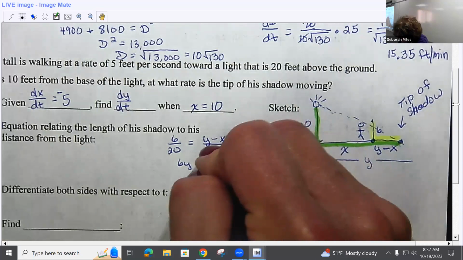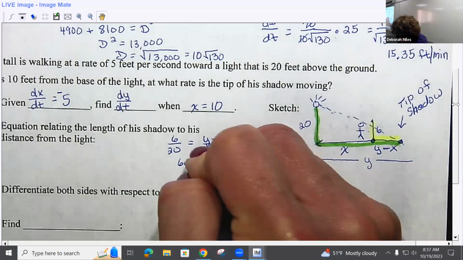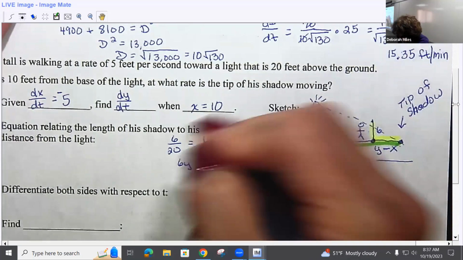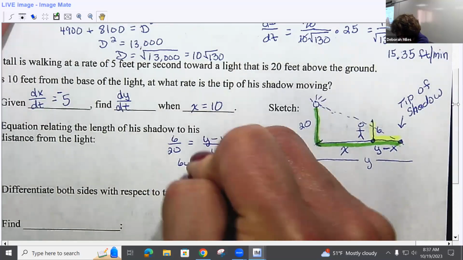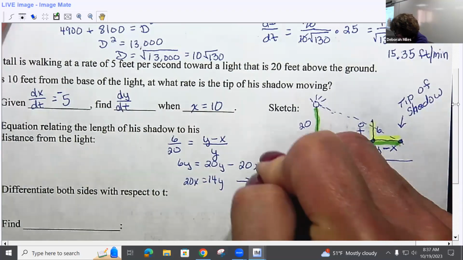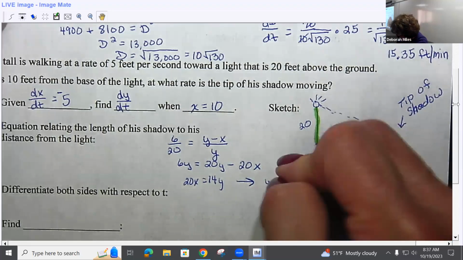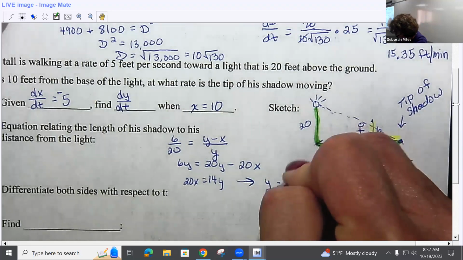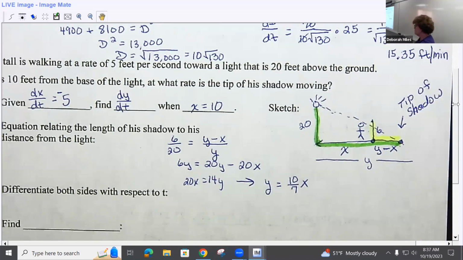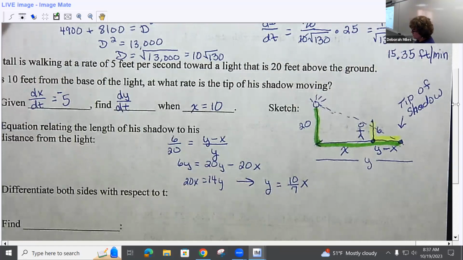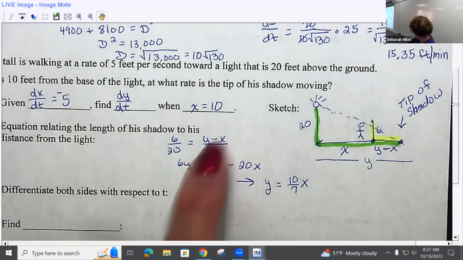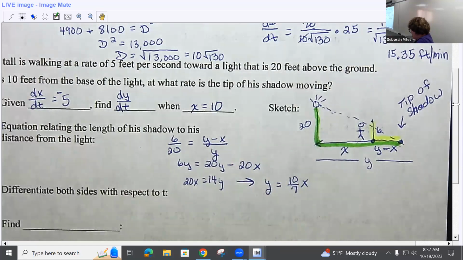So 14y equals 20x, or y equals 10/7 x. A little bit easier to differentiate y equals 10/7 x than differentiate that with the quotient rule. But we get the same thing.